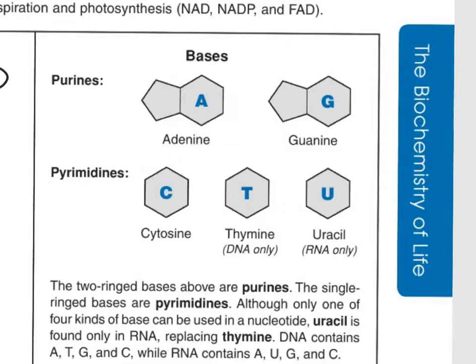A always gets matched up with which one? Does anybody know? A always gets matched up with T, and G gets matched up with C, except for what? That's in DNA. In RNA, A does not go with T, it goes with U instead.